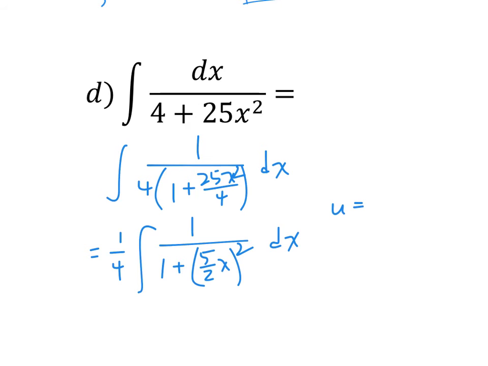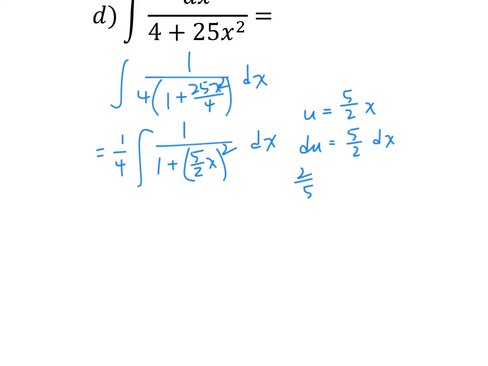So u is 5 over 2 x. du is 5 halves dx. Multiply by 2/5. Okay. Yes, you're right. 1/10 inverse tangent 5 over 2 x plus c.